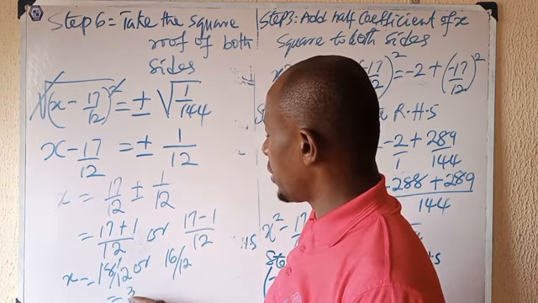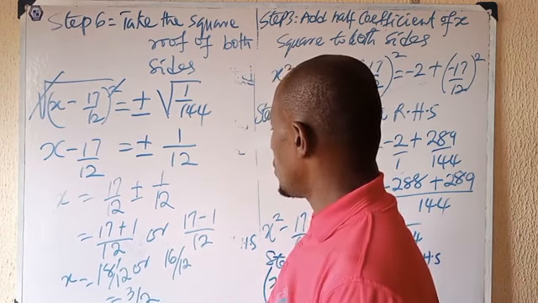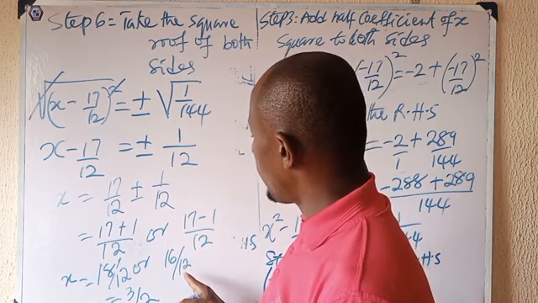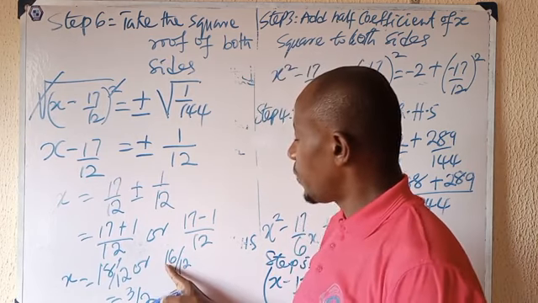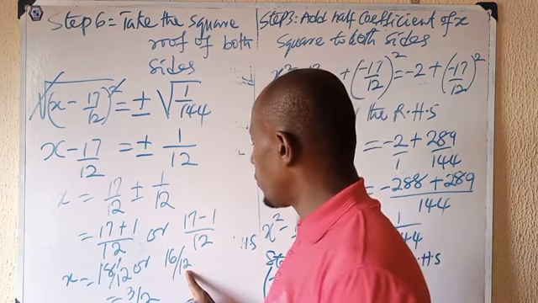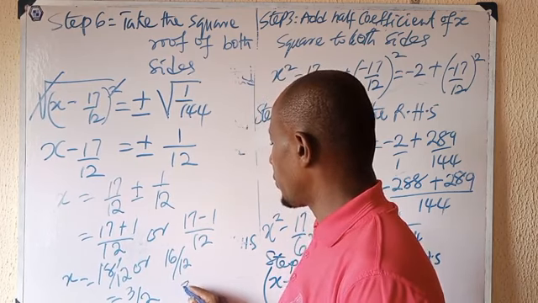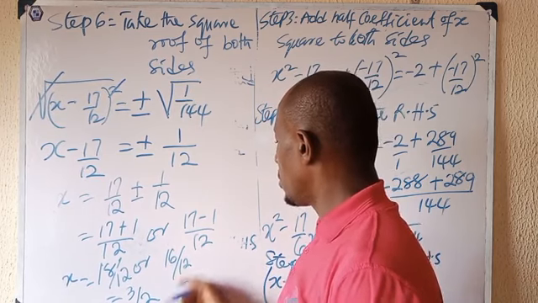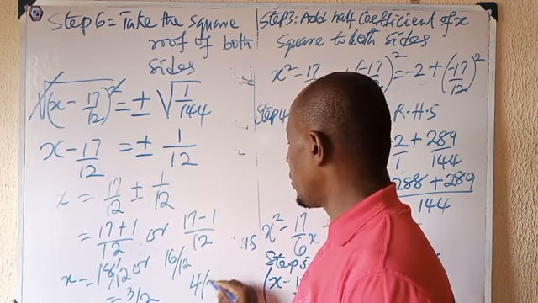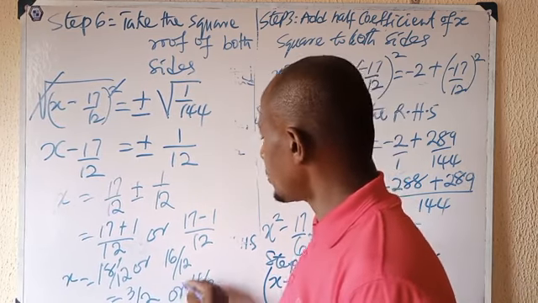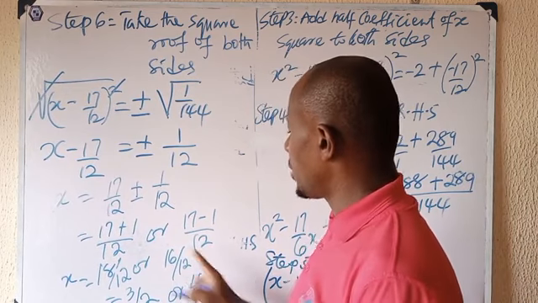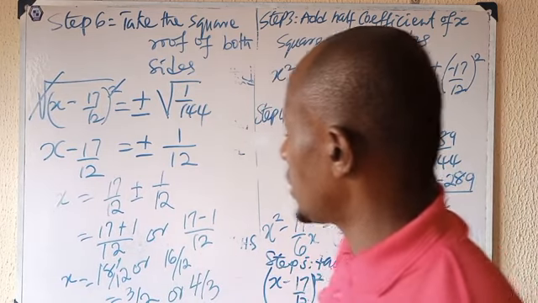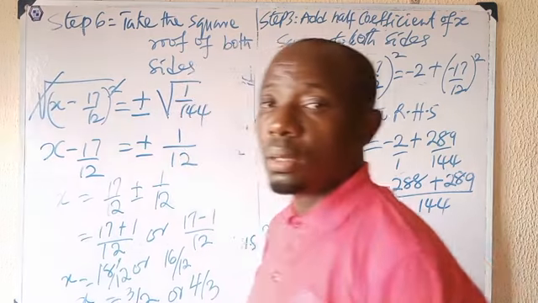So this will give us 3 over 2. And this one will give us, 4 can go. 4 into 12 is 3, into 16 is what? 4. I think 4 over 3. Okay. Yes, so this is what we have for x.